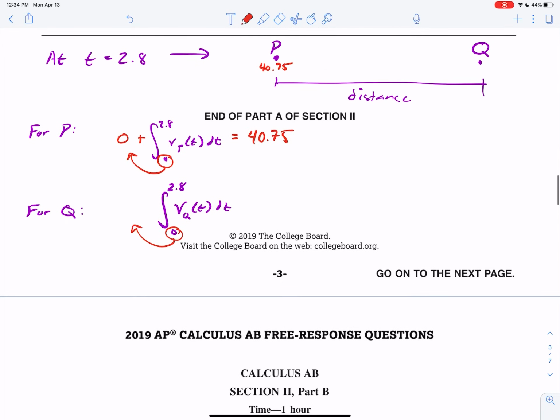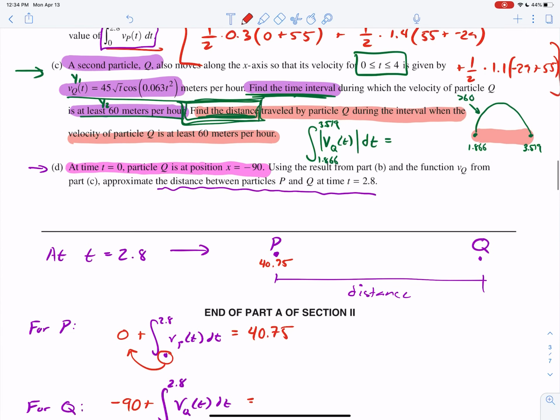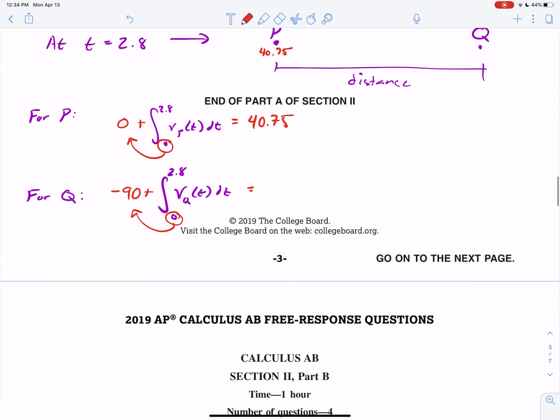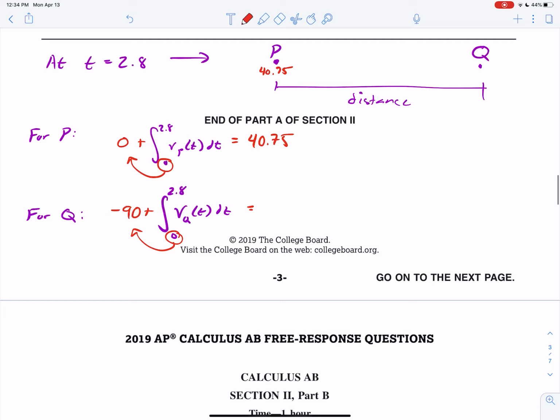This could be done on a calculator. You would just integrate v sub Q of t from 0 to 2.8, and add the negative 90. Let me look at the scoring guidelines here. This comes out to about 45.938 if you round it. So particle Q is actually at 45.938.